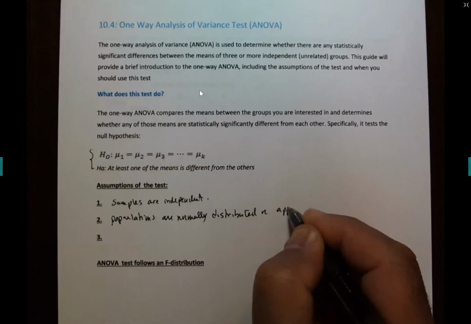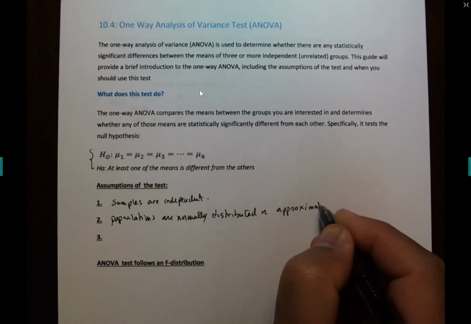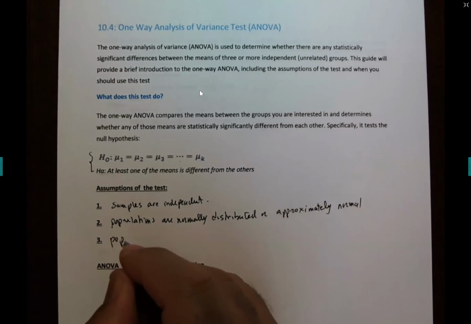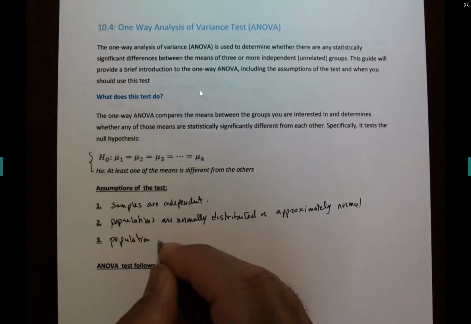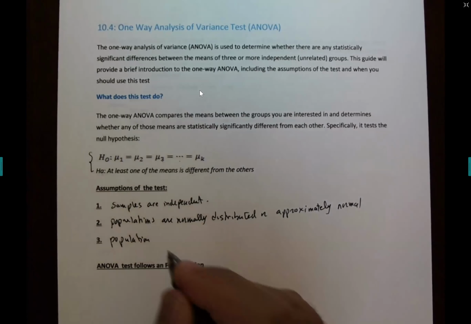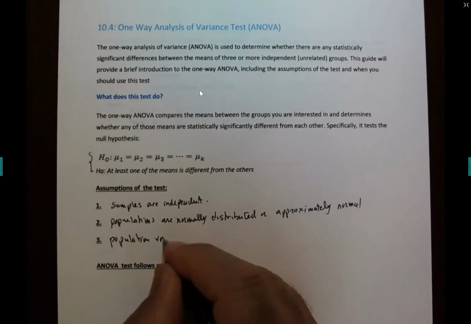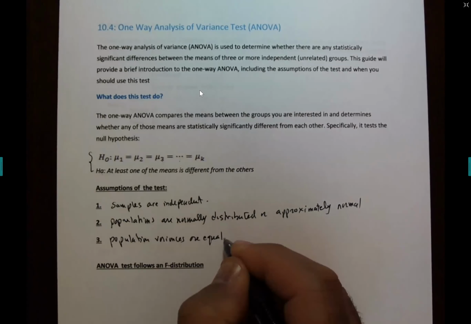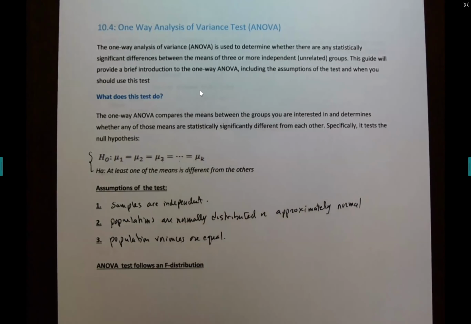Doesn't have to be perfectly normal, but approximately normal. And population variances are equal for the 3 sets or 4 or 5. When he asks you to test the claim, that means he's making sure that the assumptions are valid, so you don't have to worry about it.